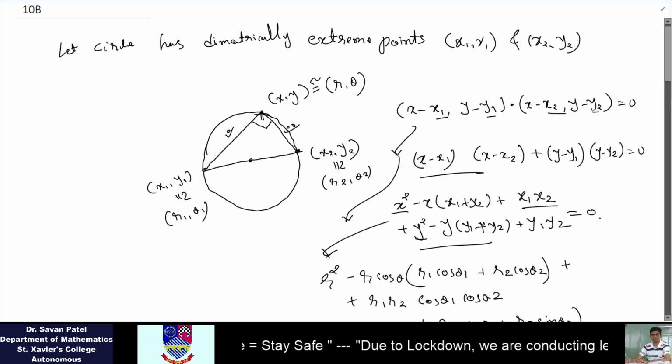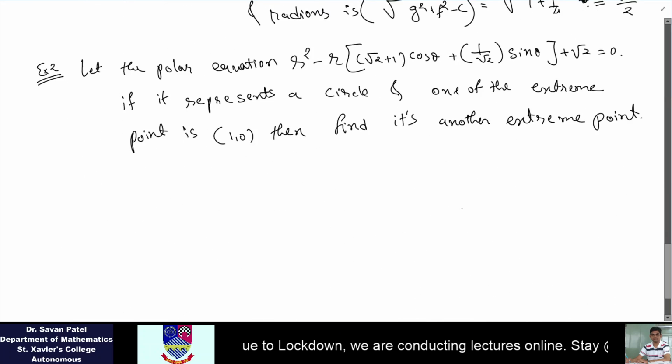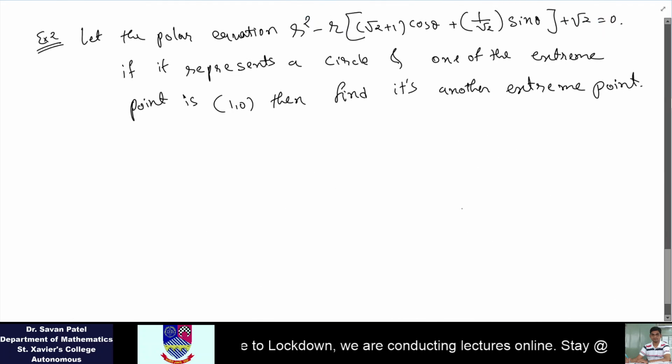The x coefficient is x1 plus x2, the y coefficient is y1 plus y2, and the constant is x1 x2 plus y1 y2. So if you are able to find x2 and y2, then from the x coefficient you can find x1 and y1. Okay, so using that idea, we will solve this problem.